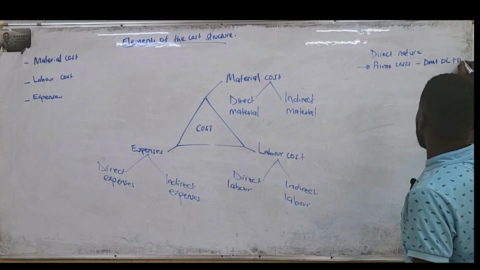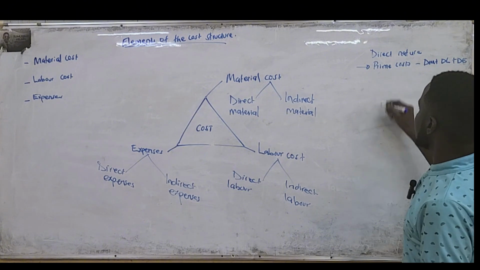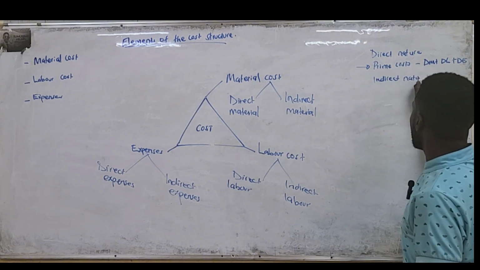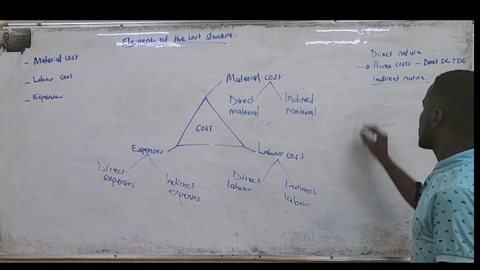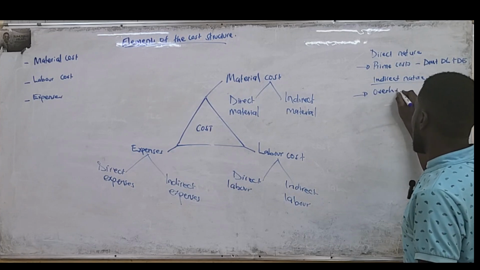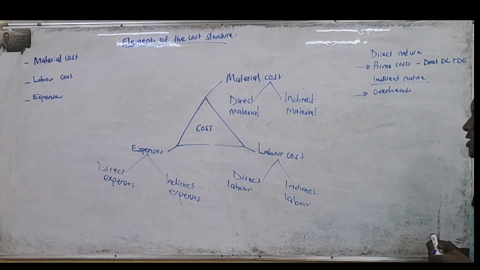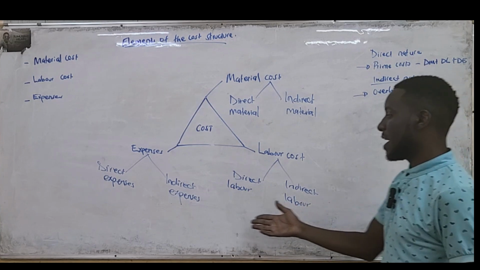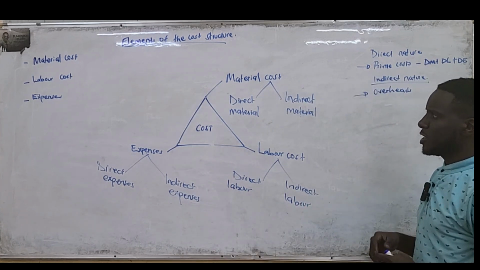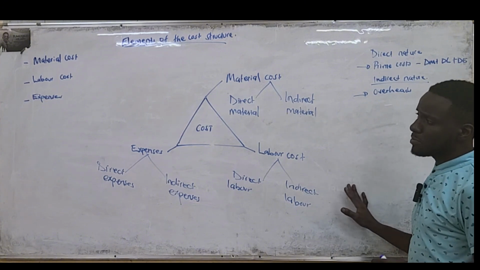Then all the other elements of an indirect nature will give us what we call overheads. So this is how we can split this.